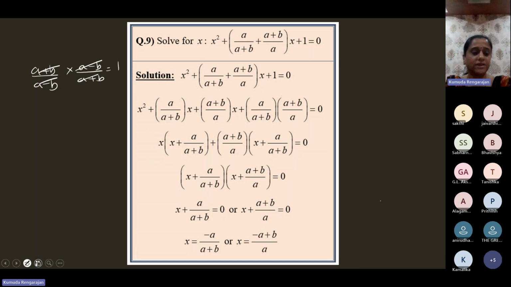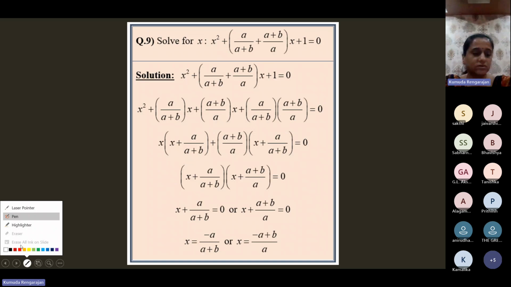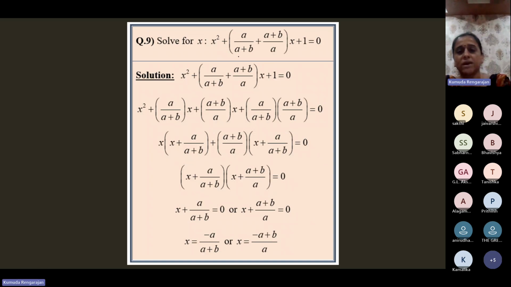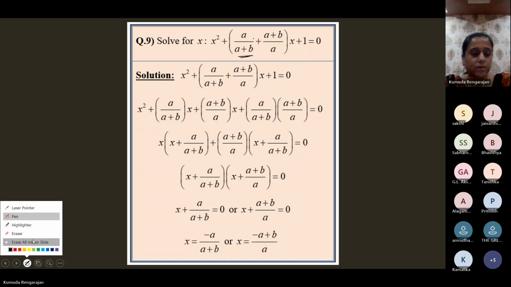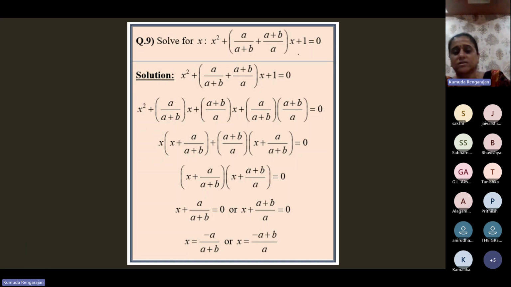Can you see a by a plus b and a plus b by a? The product of these two is 1, right? Because a by a plus b, its reciprocal is a plus b by a. So we're going to write 1 as a by a plus b into a plus b by a.